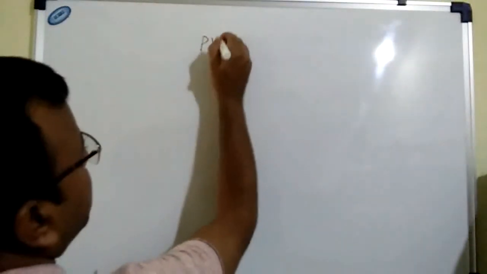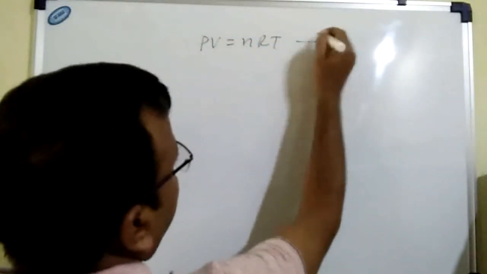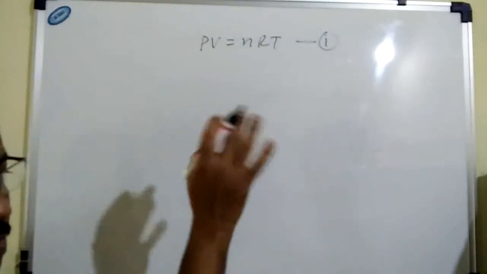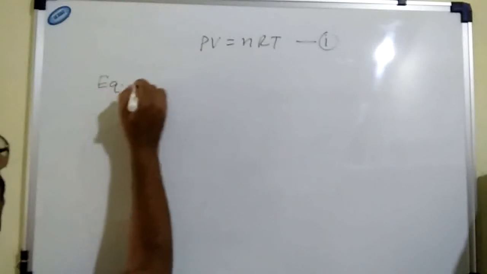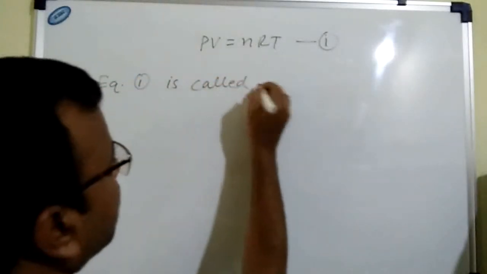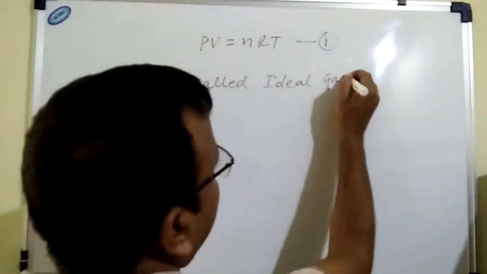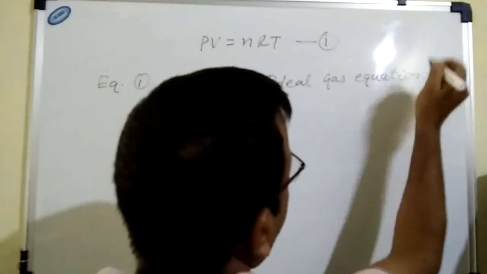We have the equation PV = nRT, that is equation 1, and we have written R is the gas constant, known as the universal gas constant. Equation 1 is called the ideal gas equation.